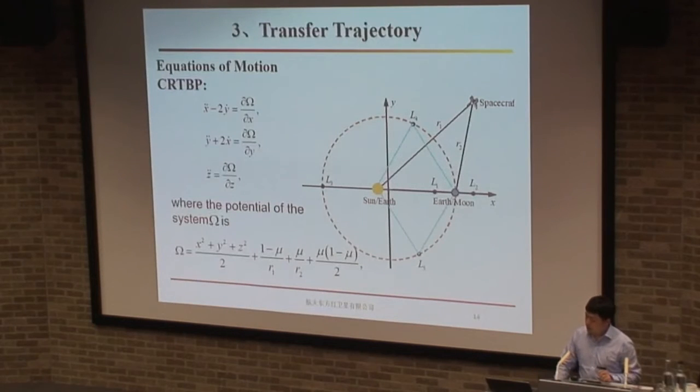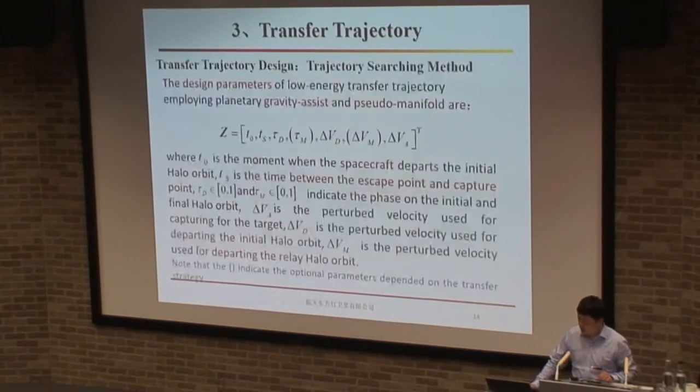This transfer trajectory memory principle is the model CRTDP. And we also built a trajectory searching method.